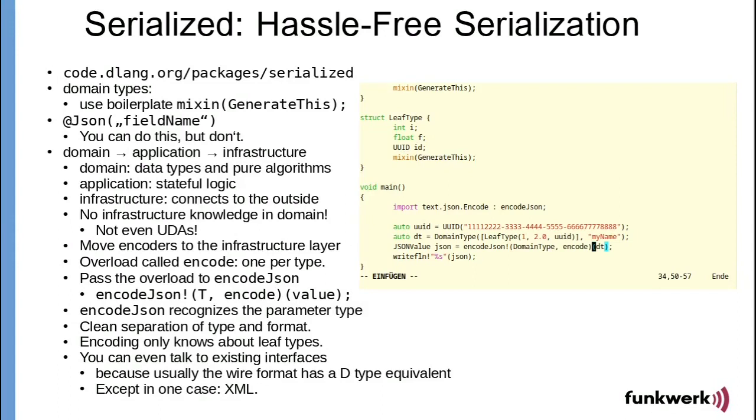Actually, it will give the encode function priority, so it will check if the encode function matches int, float, which it doesn't, and then UUID.